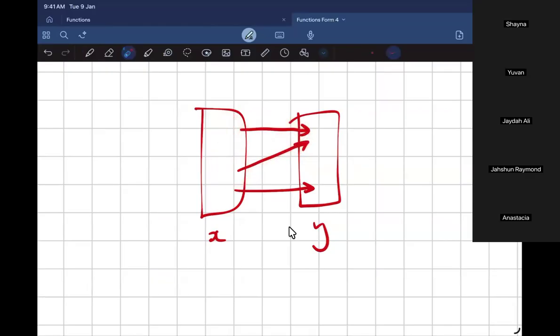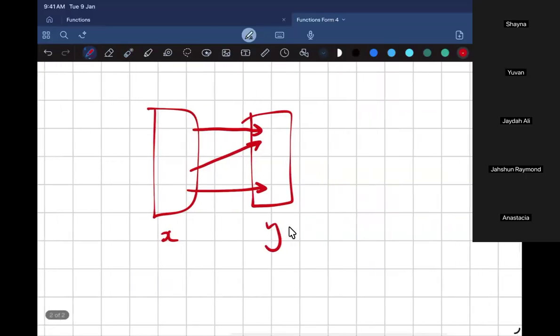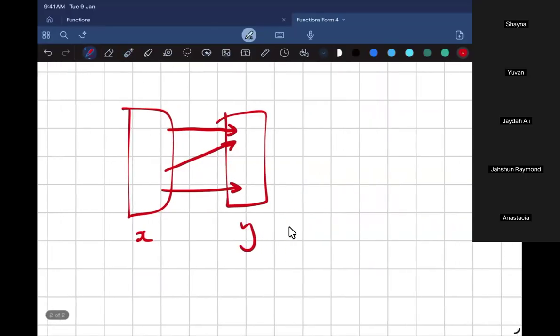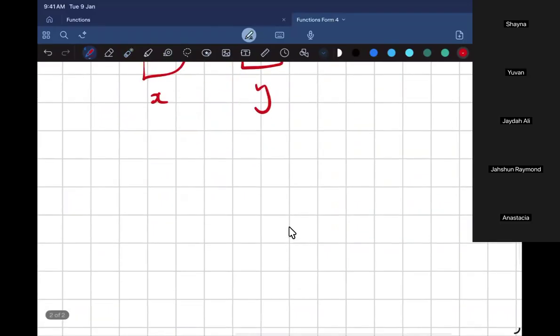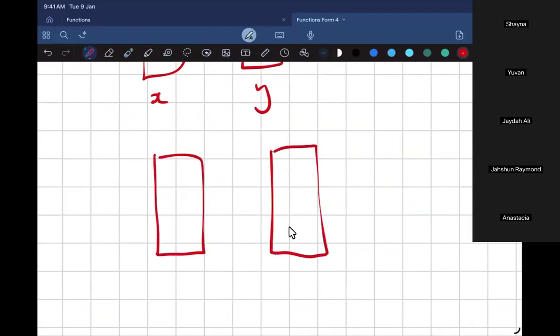Is many to one an example of a function? Yeah, this is a function. Last one. All right. Anastasia, what kind of, quote unquote, function is that?